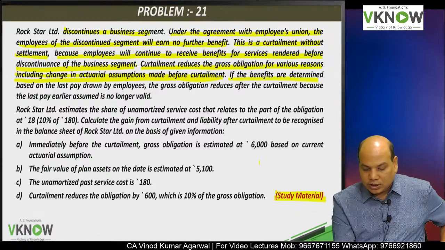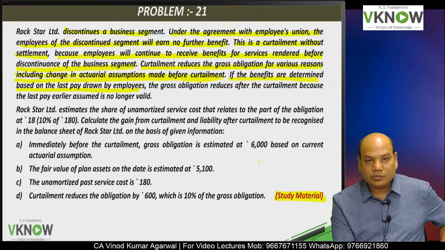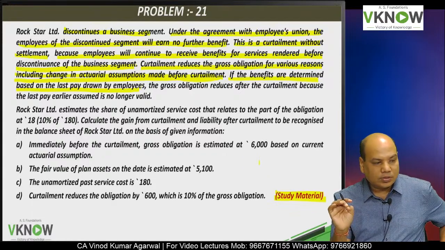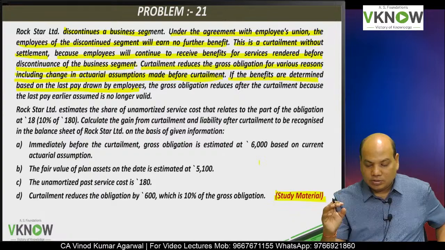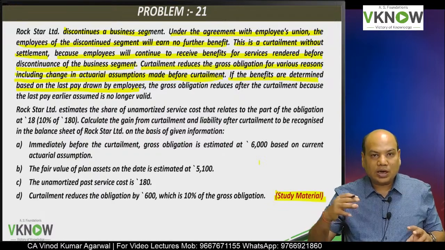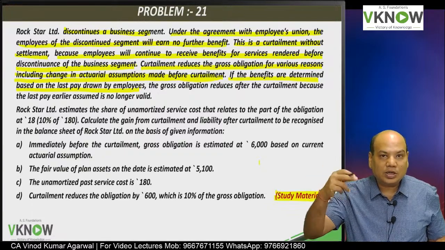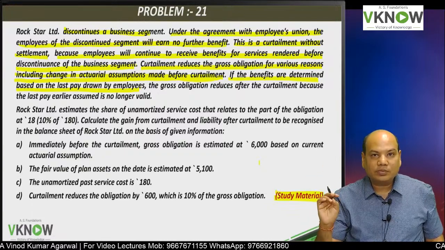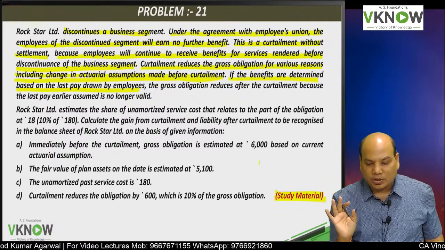the benefits are determined based on last pay drawn by the employees, the calculation will change completely. As they are discontinuing the operation, the last pay that they had earlier assumed is no longer valid, because the employee is not going to get the payment.